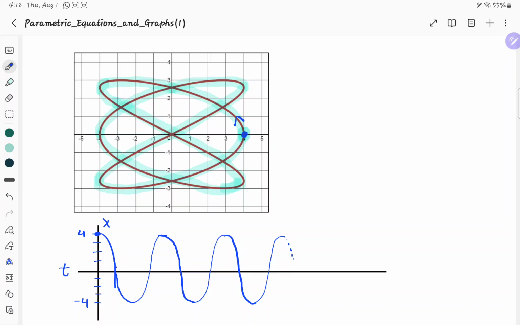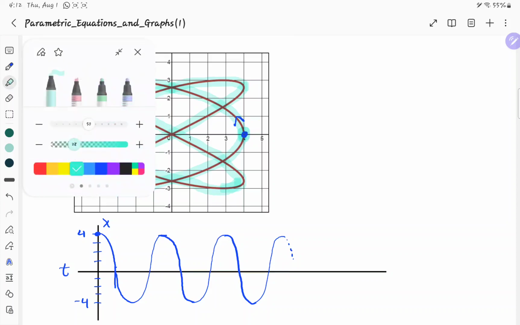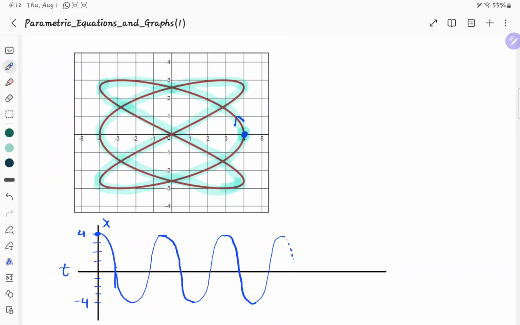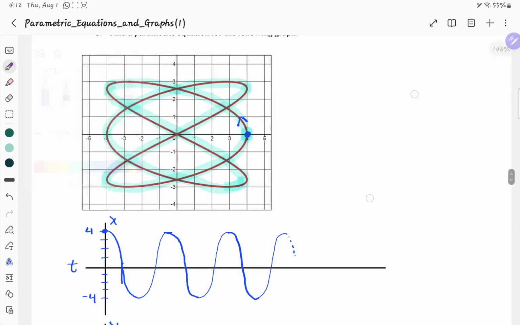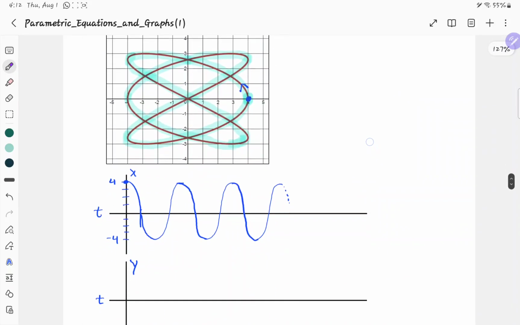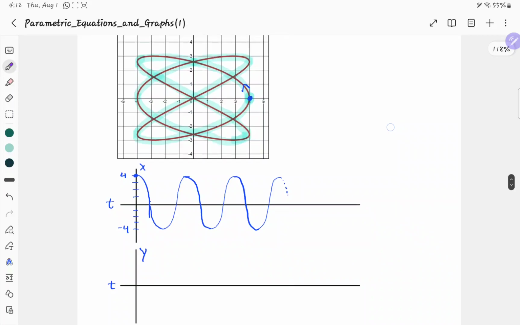All right, we'll do the y next, and I'm going to change colors here. We'll go through this maybe in pink and purple for this curve. Let me zoom out a little bit so we can see what's going on. I want to start in the exact same place I did before, right here on the right side, and we'll go in the same direction.